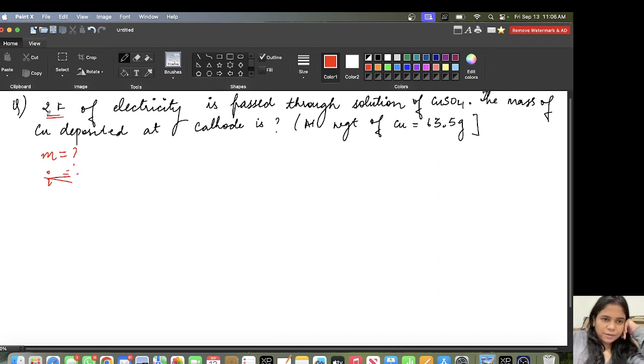Q means Faraday. Q is equal to 2F, and time is also not required. So M is equal to Z into Q. What is Z? Z equals E by F into Q.